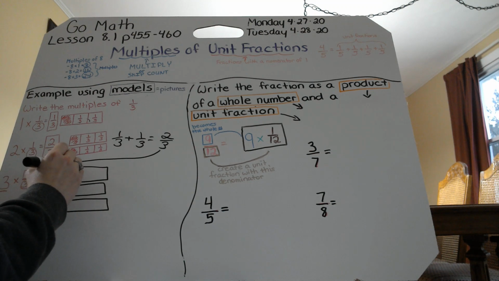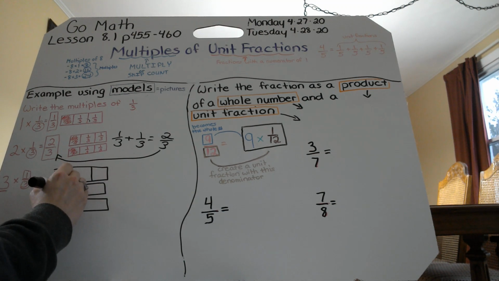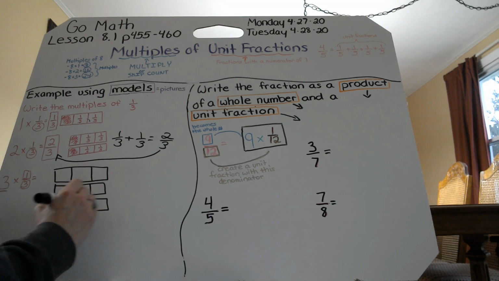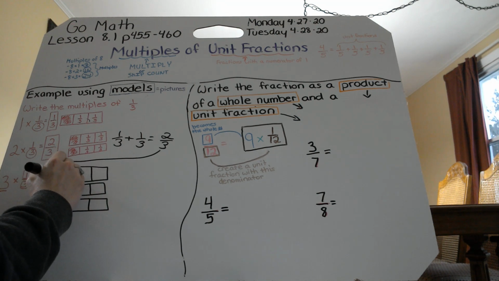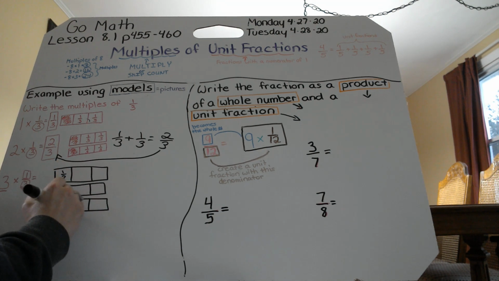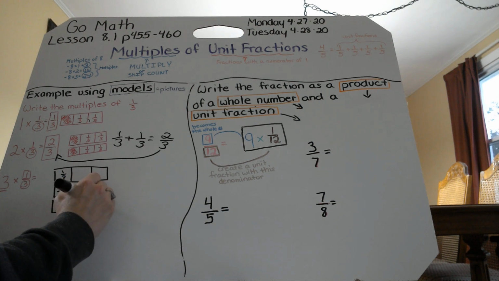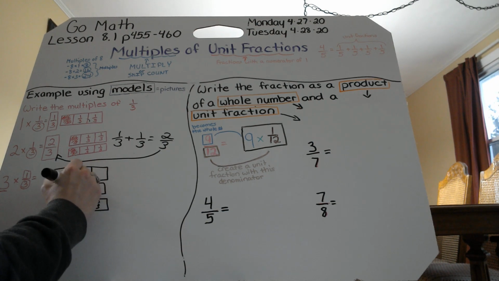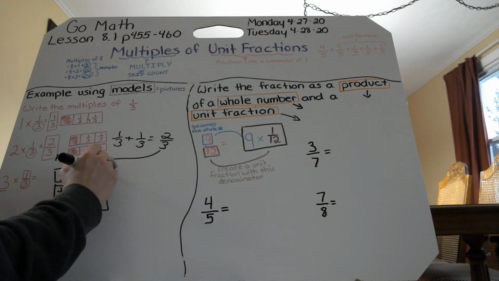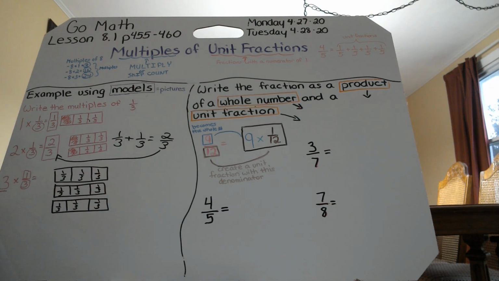They should be broken into 3 pieces because that is what our denominator tells us. So each of these pieces are 1/3 of this model, or 1/3 of this candy bar. So I am eating 3 of these 1/3 pieces. So I'm eating this piece, I'm eating this piece, and I'm eating this piece.